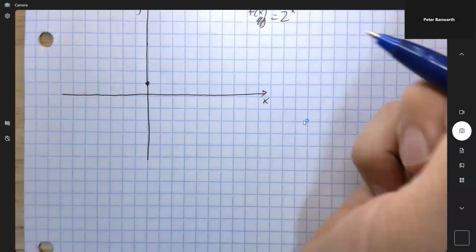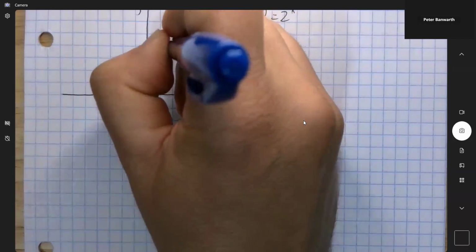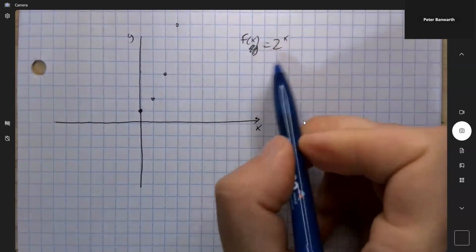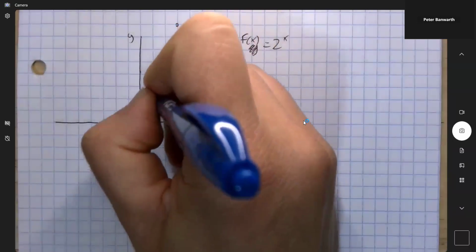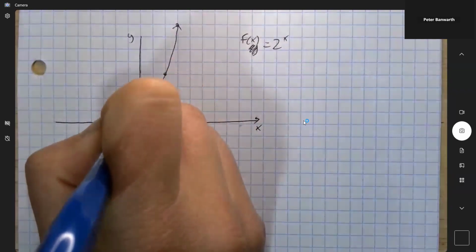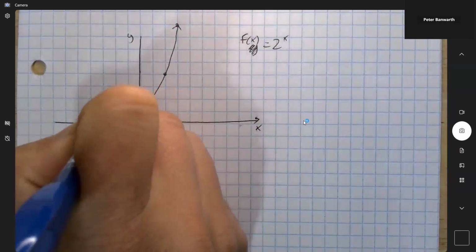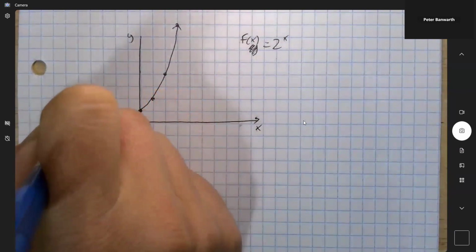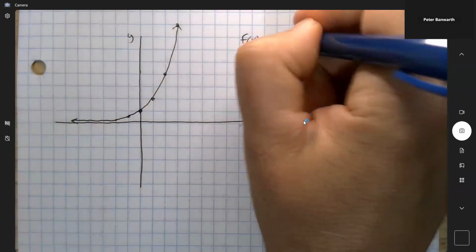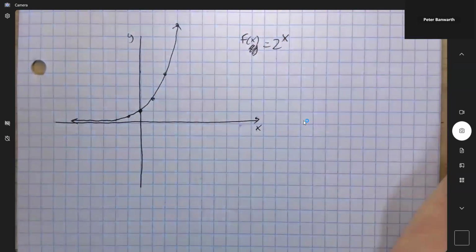Well, 2 to the 0 is 1, 2 to the first is 2, 2 squared is 4, and 2 to the fourth is 8. You see how quickly this blows up? And that's when the base is pretty small. Then 2 to the minus 1 is 1/2, and 2 to the minus 2 is 1/4. So it shrinks down pretty quickly, but it's never going to get to 0, because no matter what, I'm multiplying or dividing 2 by itself. If you multiply positive numbers, you can only get positive numbers.